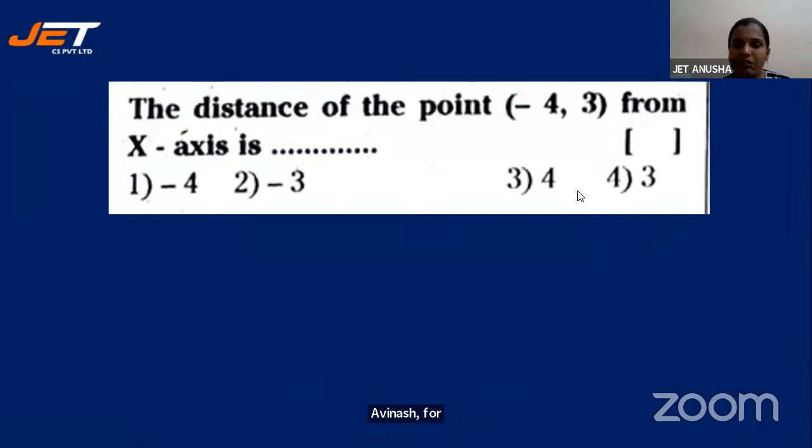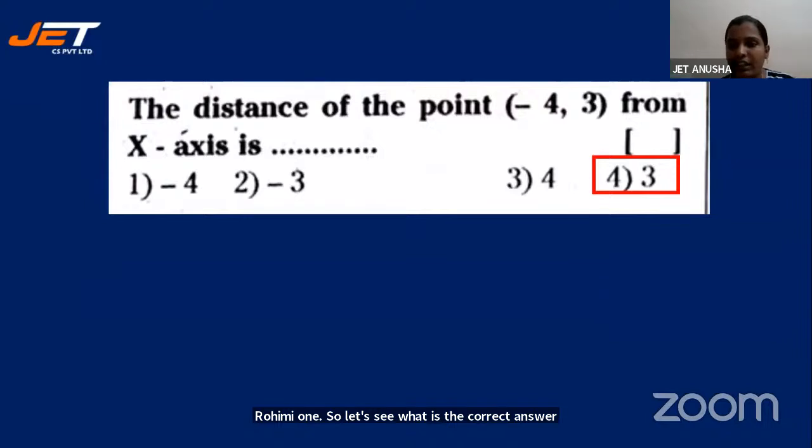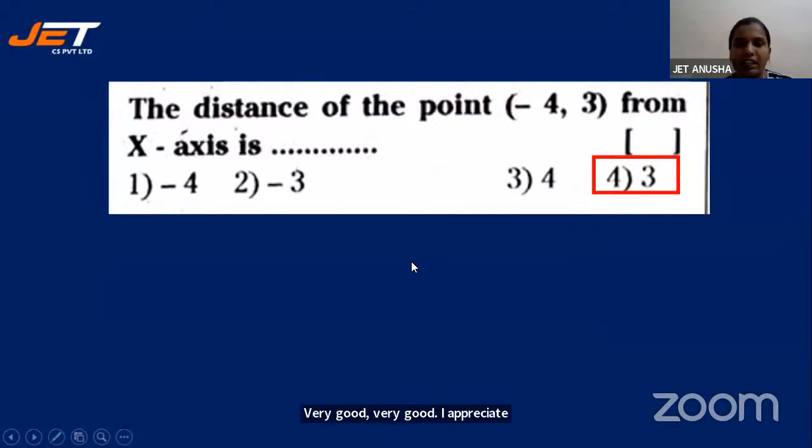Akshaya, Taruni, Ashwin, Akhil, Pavani, Sai, Veda, Pranati gave me 1 as the option, Swati 3, Rohini 1. So let's see what is the correct answer. Fourth option is correct. Very good. I appreciate everyone for your active participation.